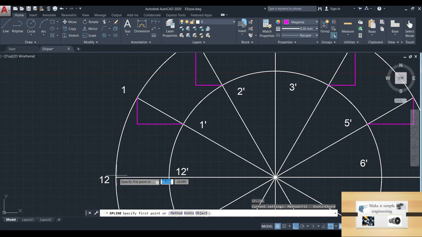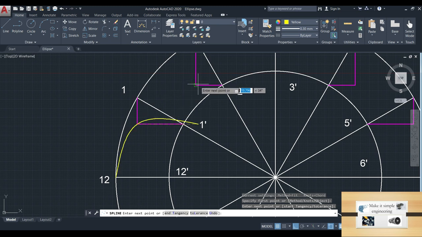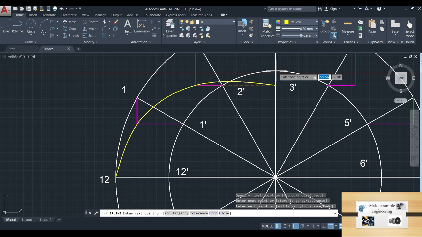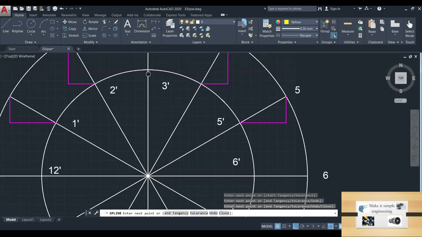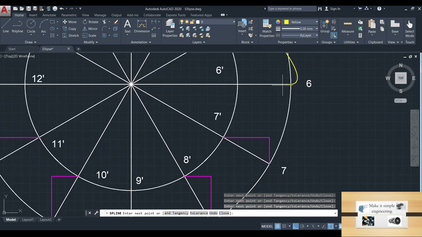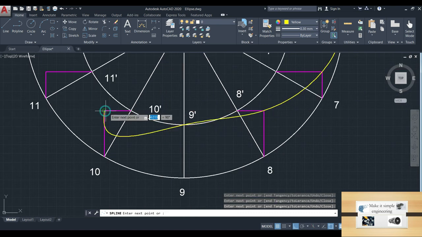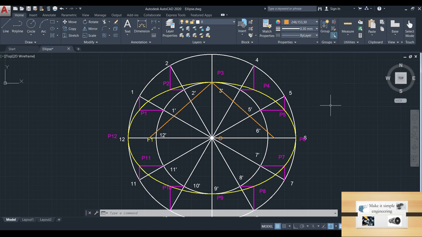That's starting from 12 we can connect these corner points to draw the required ellipse. Then here finally we will get a figure like this.